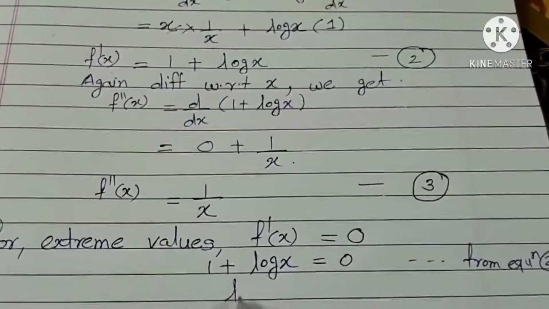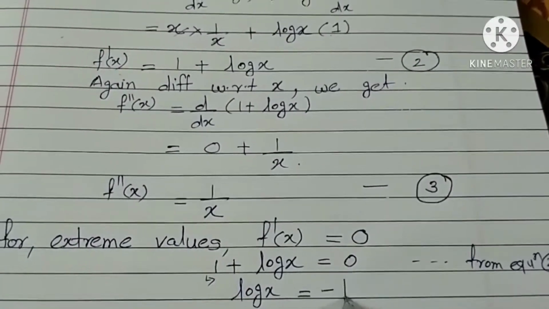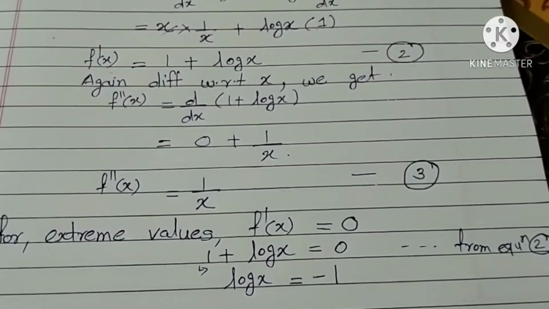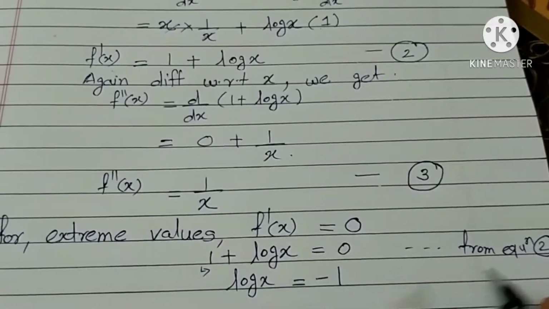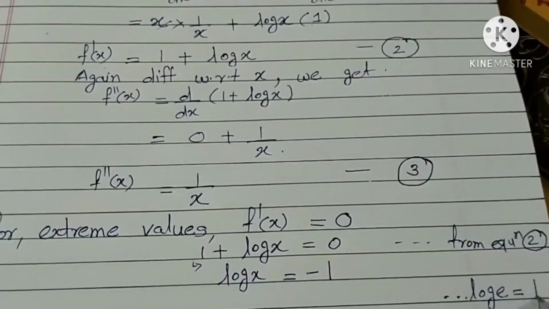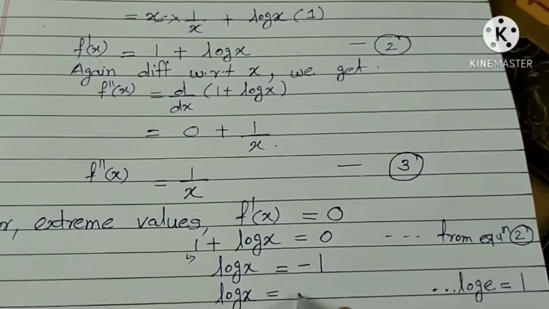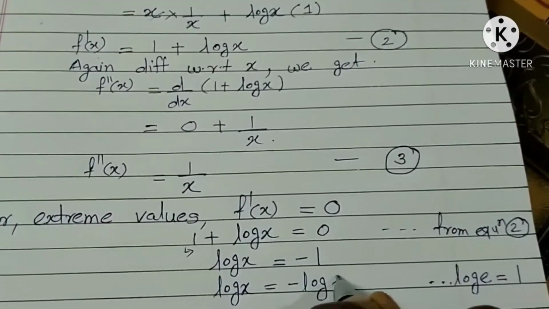Now take log x, so it is minus 1. Now we know that log e is equal to 1, so instead of minus 1 you can put minus log e. So log x is equal to minus log e.